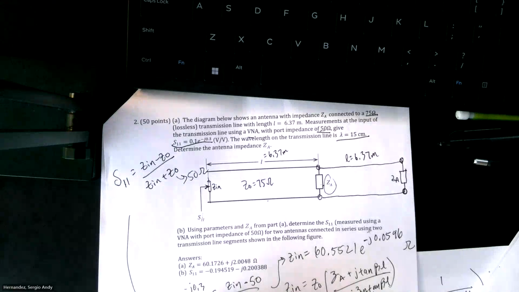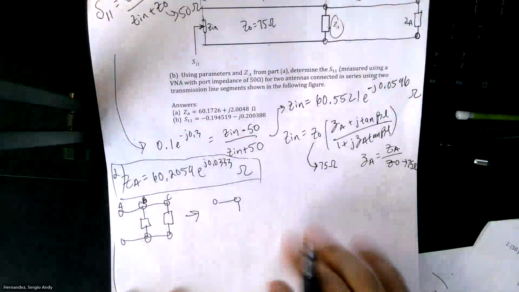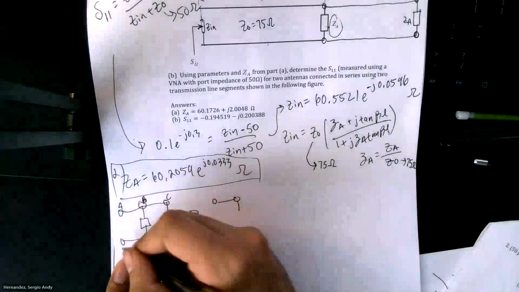So the goal is, this is A, this is B, and C. Condense down from B to C. So this is where you're starting off, right?